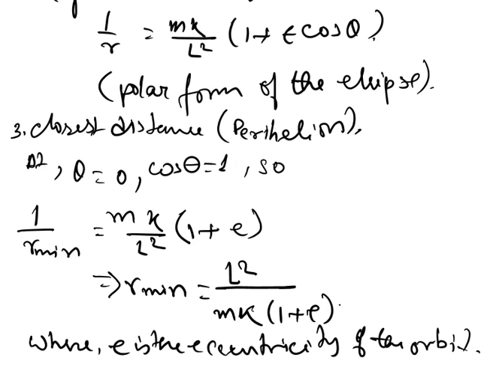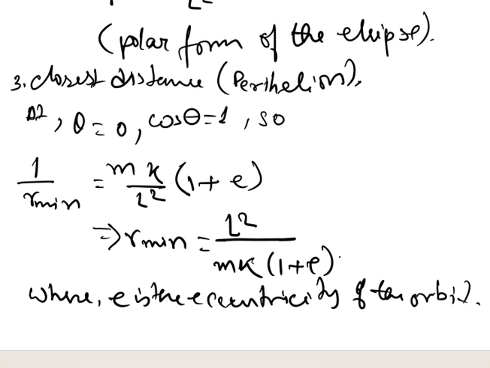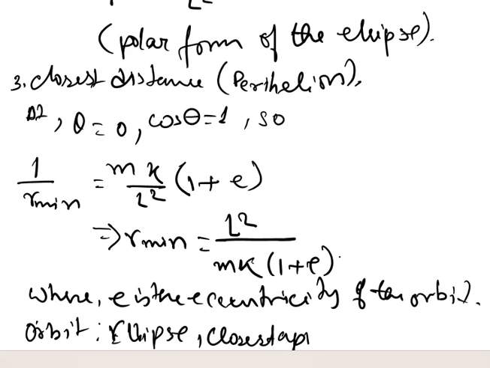So our final answer is the orbit is an ellipse and the closest approach is r minimum.